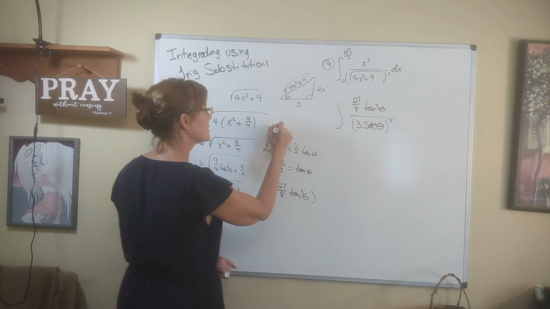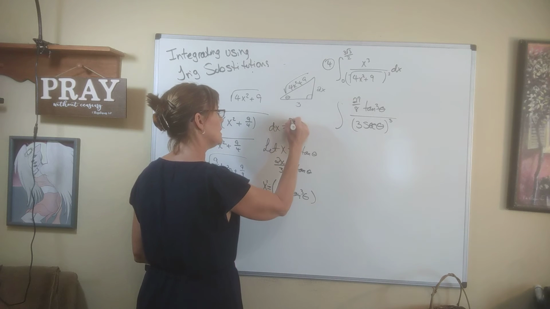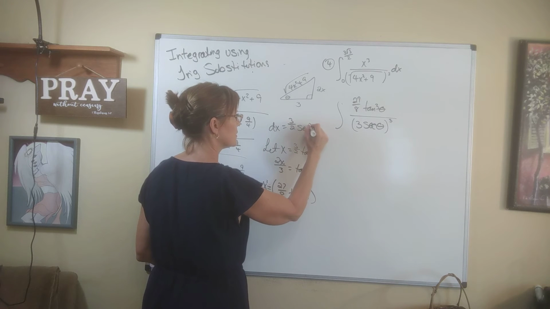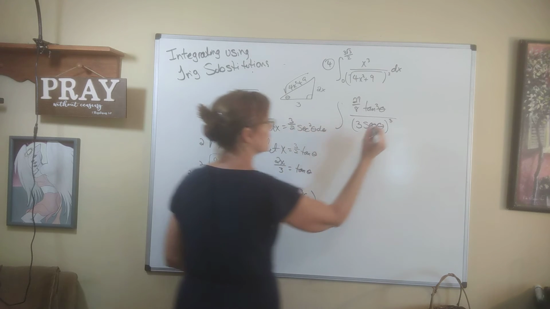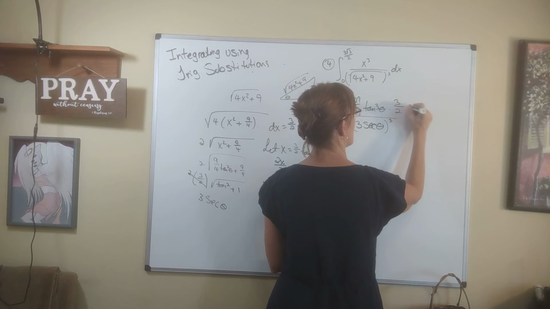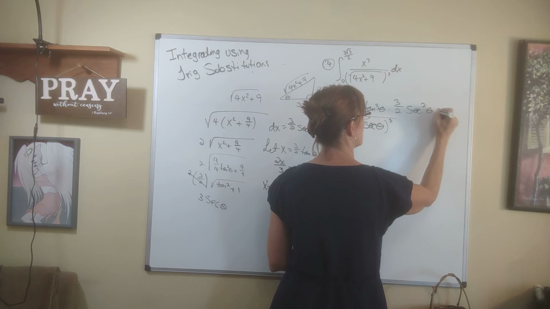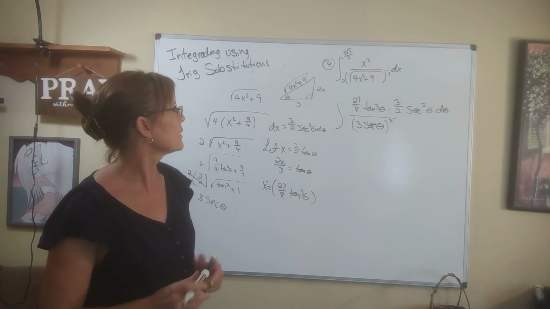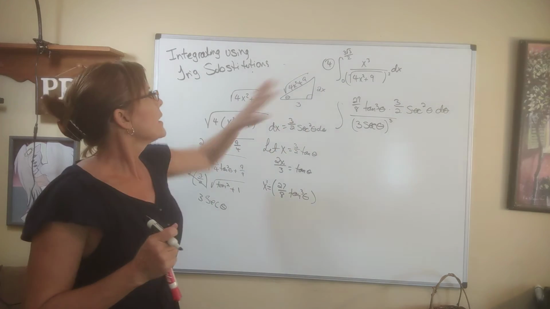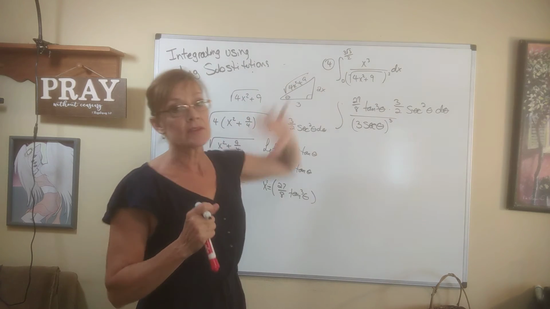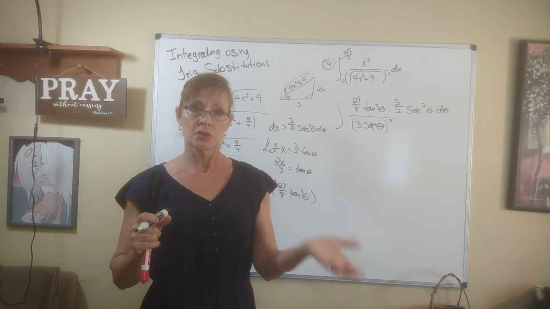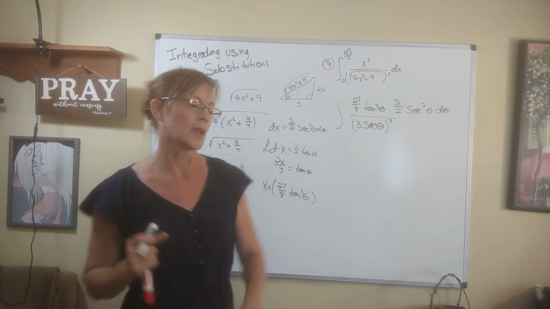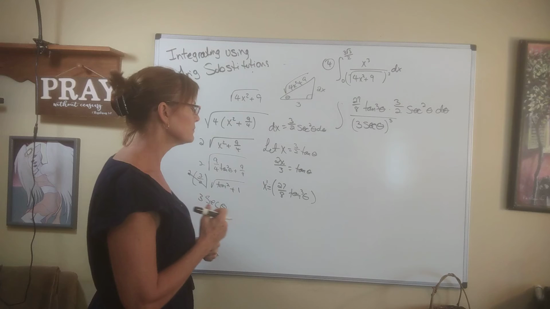If this is x, dx would be the constant 3/2 times the derivative of tangent, which is secant squared theta d theta. So 3/2 secant squared theta d theta. Wow, that's a mess, but that's okay, we'll deal with it. Okay, we have limits on this, which we haven't seen before. I'm going to choose to change my limits up front into terms of theta. So how am I going to do that? Right here.